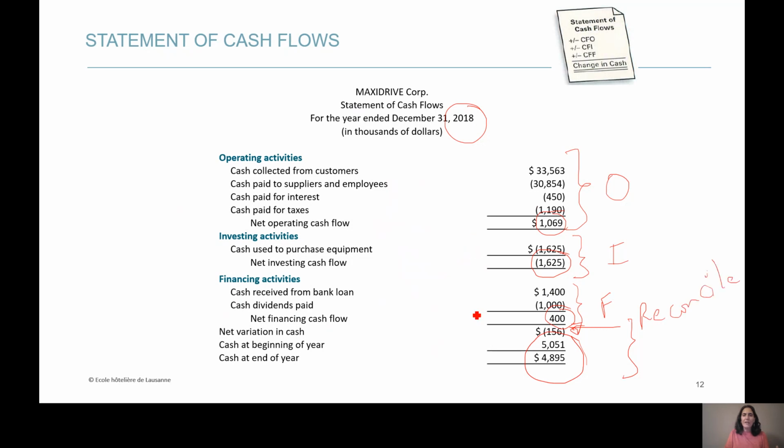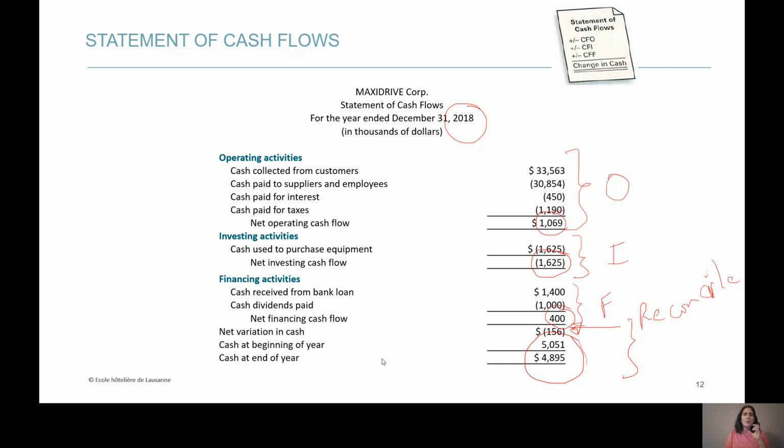You reconcile two amounts. You explain how come the beginning balance of 5,051 has become the ending balance at the end of the year of 4,895. So this whole statement explains this minus 156 in the cash flow statement.